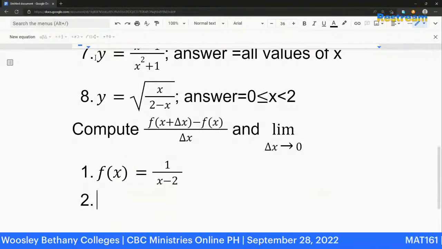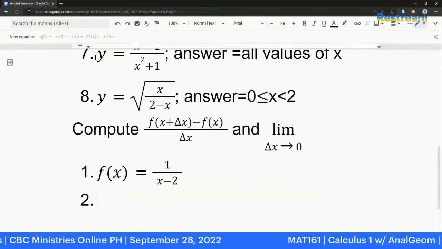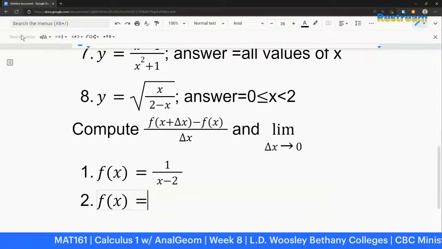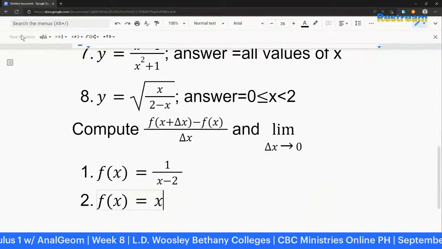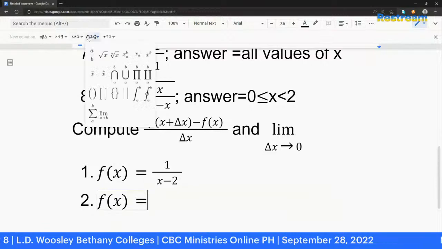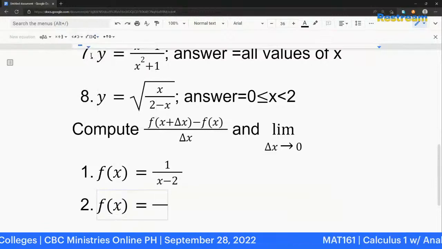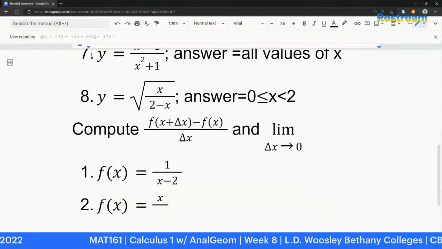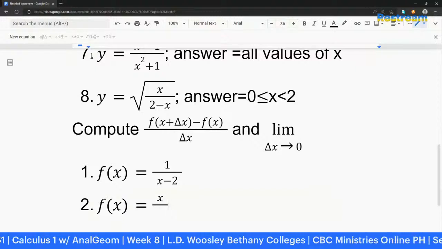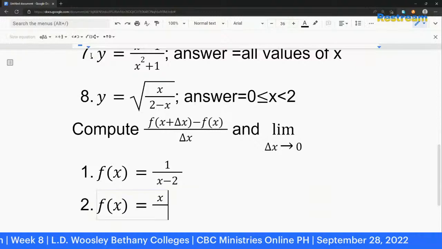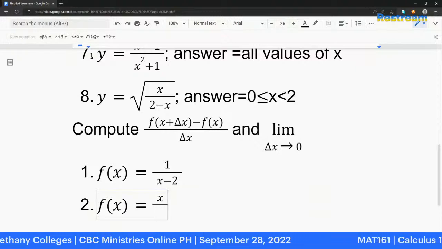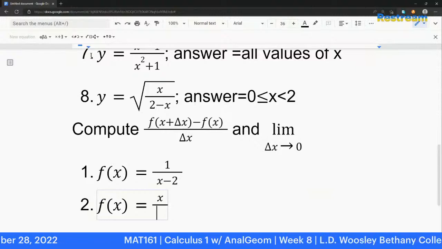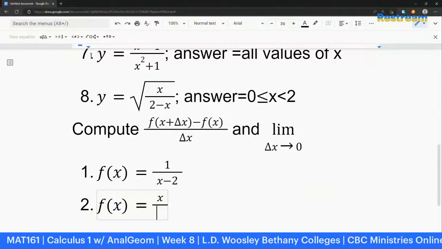For number 2, Gian and Josh. Yung pangatlo, lahat kayo, apat kayo, pwedeng lahat sumagot, parang teamwork yung number 3. Lahat kayo could contribute to the answer. But for 1, it's Nora and Banji. Number 2 is Josh and Gian, right?